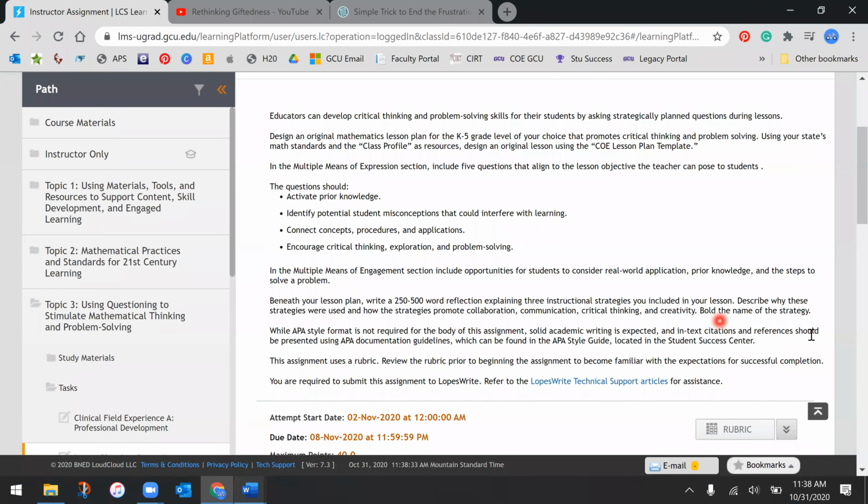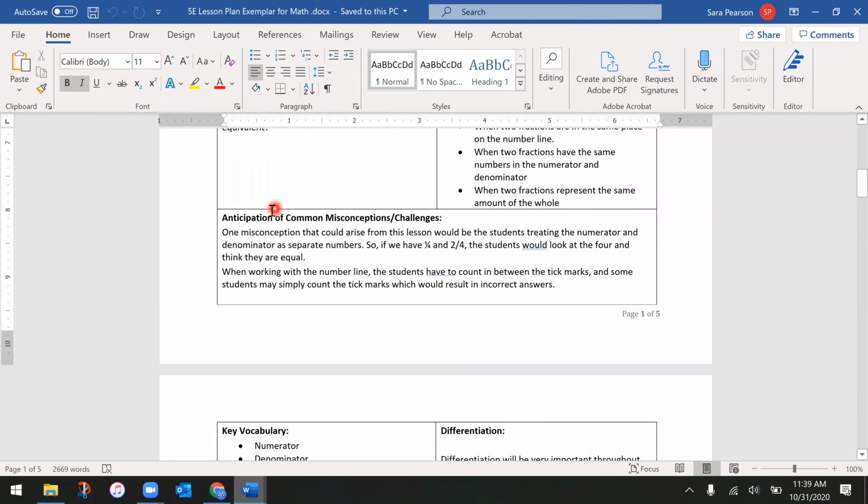This focus question can also count as those 5 questions that we're including in the multiple means of expression section. One thing I also like is some anticipation of misconceptions or challenges that we have here. You can use this also when you're thinking about those 5 questions if you're choosing to use the 5E lesson plan template.